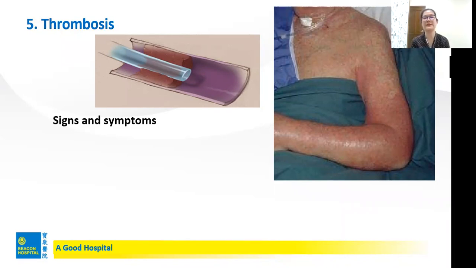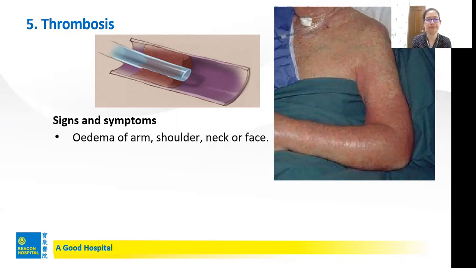The blood clot forms outside the catheter and gets stuck there, so it causes thrombosis to your vein. It's an occlusion. The flow of your vein, your blood return, is being occluded. So this is one of the complications of CVAD, because you have a long line catheter in your vein.